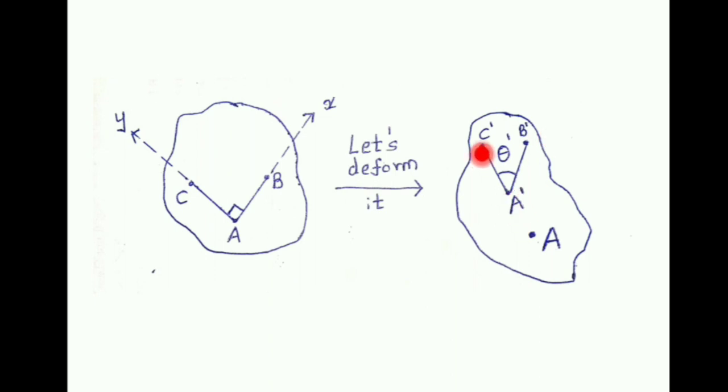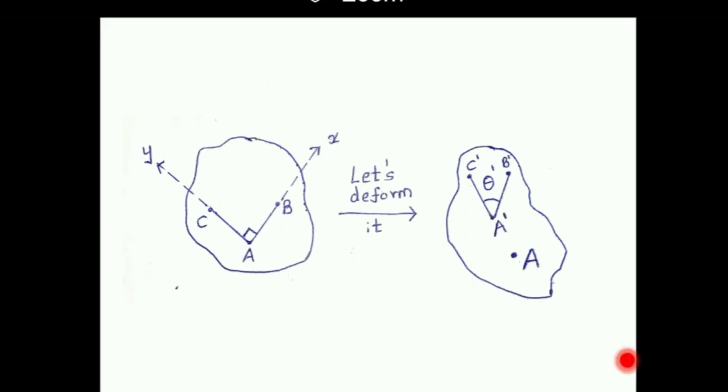So it is not 90-degree now, it is theta dash. So something has changed. What? Has the volume changed? No. Has the shape changed? Yes. You can obviously see the shape has changed. Shear strain is there now because the angle has changed.